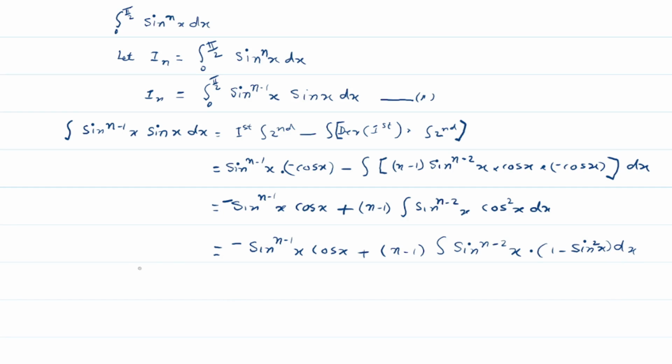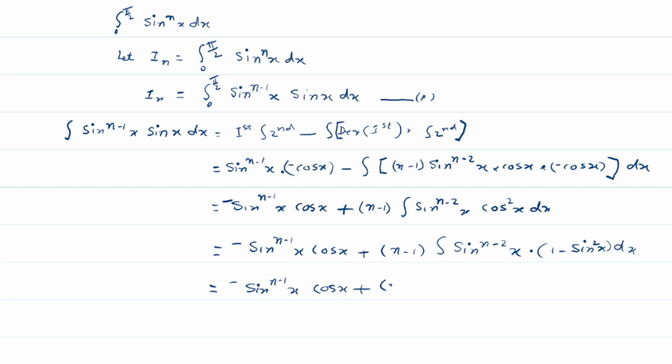So this is equivalent to sine raised to n minus 1 x cos x, with no change, plus we will multiply n minus 1 by this, multiplied by 1.